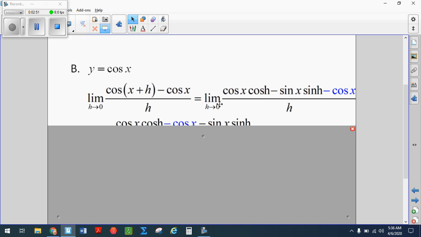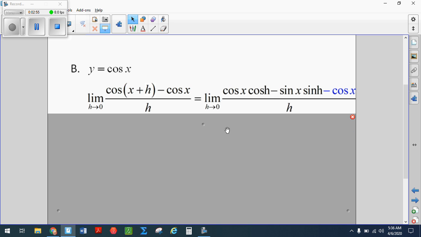So I set up my limit definition. Cosine of x plus h minus cosine x over h. Then I use the cosine sum identity. Cosine of alpha plus beta is cosine alpha cosine beta minus sine alpha sine beta. I'm going to move that second term again, the blue term.